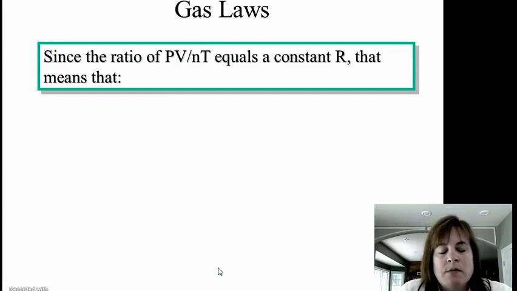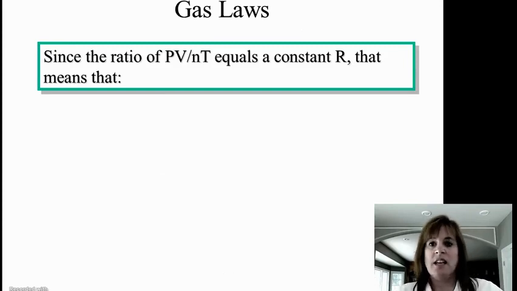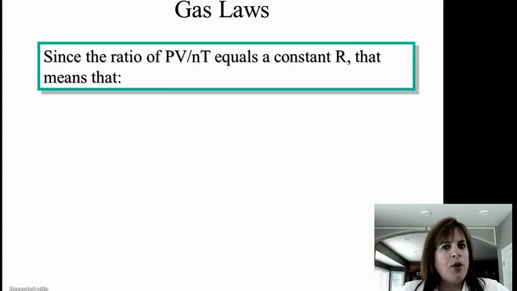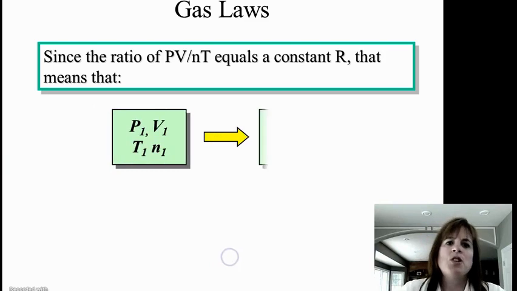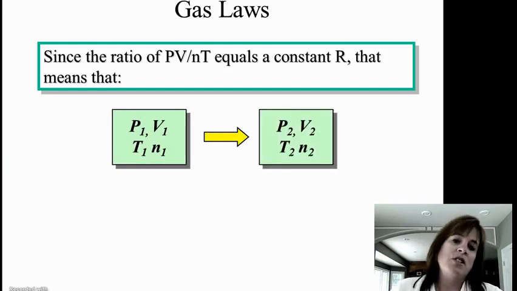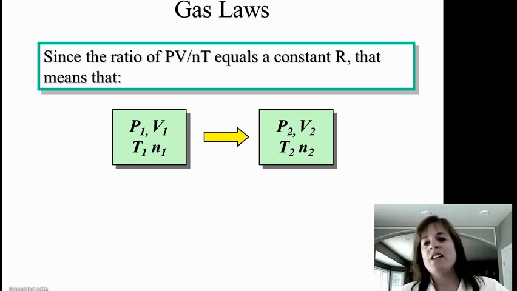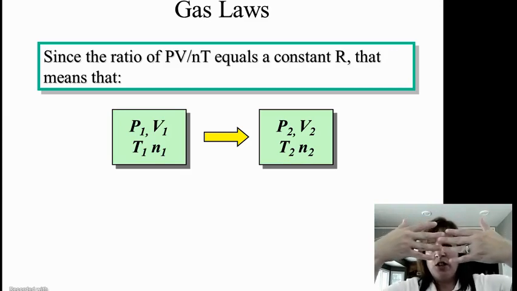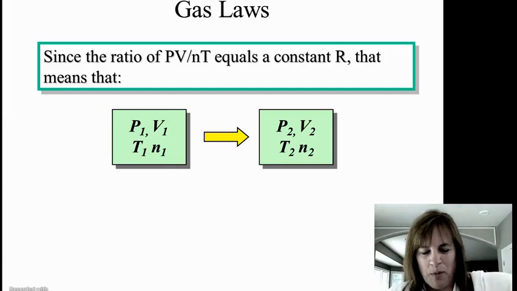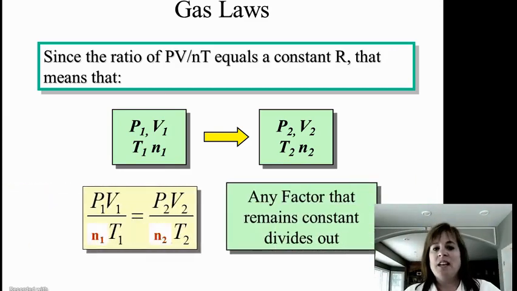Now, since PV over NT is equal to this constant, the gas constant, that means that the pressure, volume, amount, and temperature at one condition has to equal the pressure, volume, amount, and temperature at another condition, right? So we could set these two things equal to each other and get rid of that gas constant completely, and we get this.